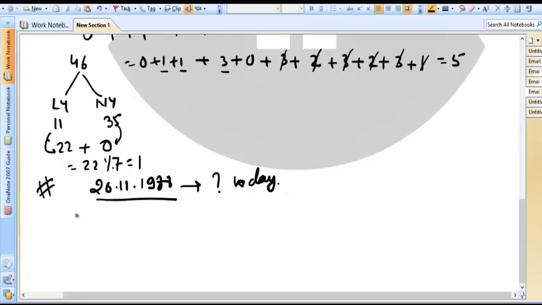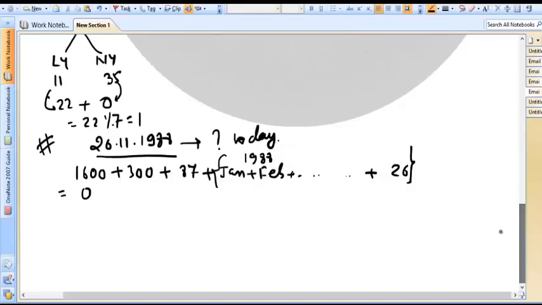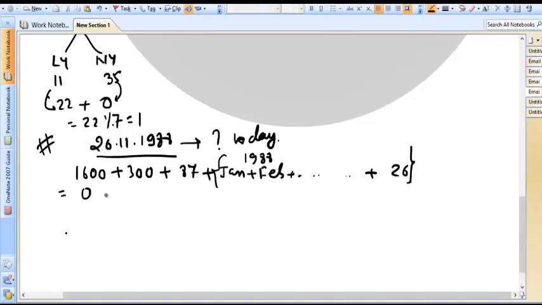So again till 1600, then 300, 1900, then I'll have 87 years, and then the 88th year I'll start from January, then February of 1988, February till 26th November. So 1600 years will have 0 odd days, 300 years 1.